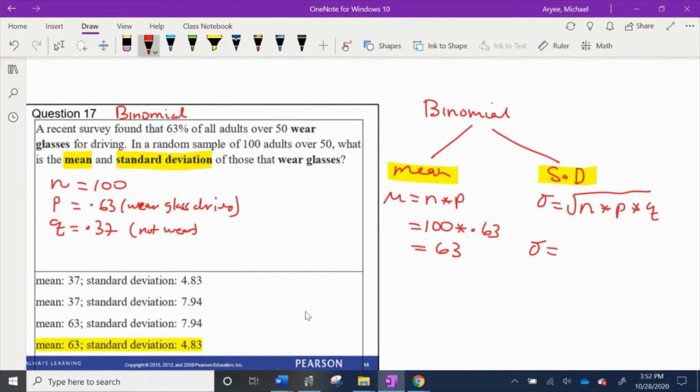So maybe create a formula sheet by yourself. This would be 100 times 0.63 times 0.37.